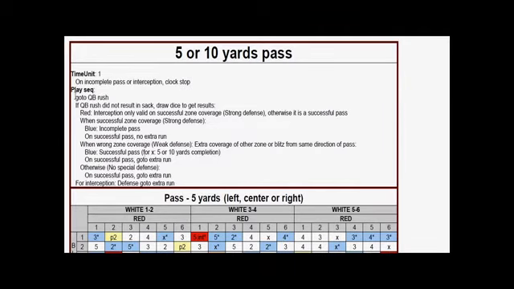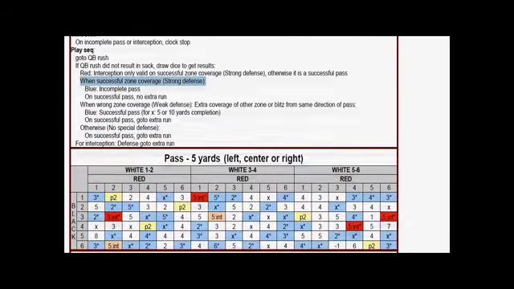The first thing that happens here is the quarterback rush, and if that doesn't succeed, then you go with the play. Here I only want to show you that if it's a successful zone coverage, then it's a strong defense. The blue underneath, which I'll show you now, would mean an incomplete pass.